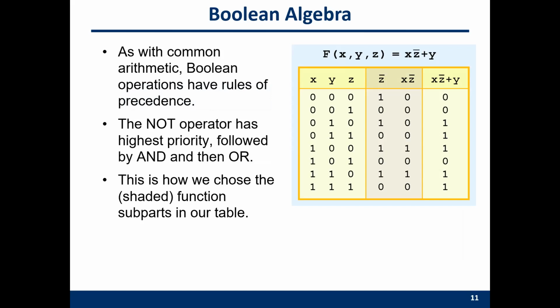Again, when we do the analysis, we have some priority on the order. For example, if we have this logic expression, the 1 input NOT gate always has the highest priority. So we will compute this z bar first.